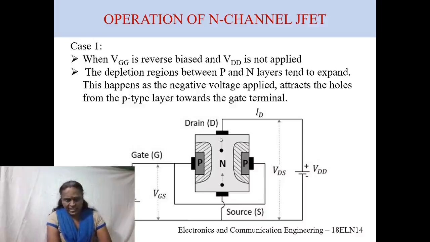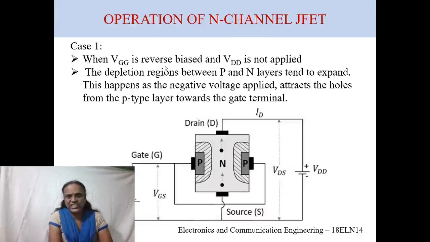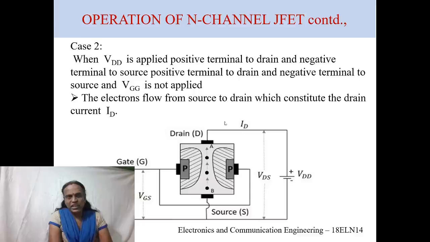Coming to the other case, when VDD is applied. In the previous case VDD is not applied, meaning it's not energized at all. In the next case, when VDD is applied, some voltage is being supplied at the drain. Then the positive terminal is the drain and the negative terminal is the source, because the voltage at the drain has been applied.